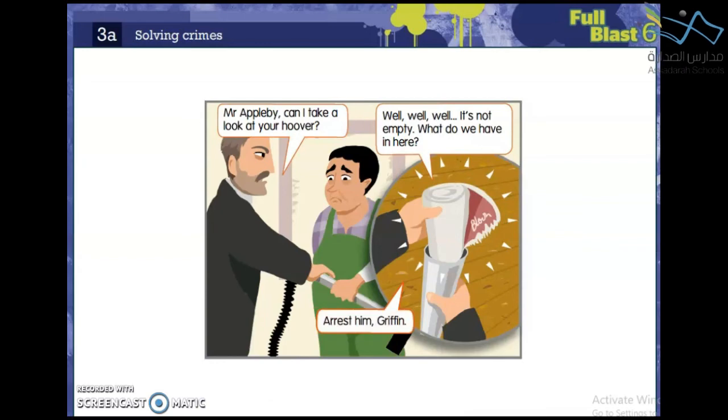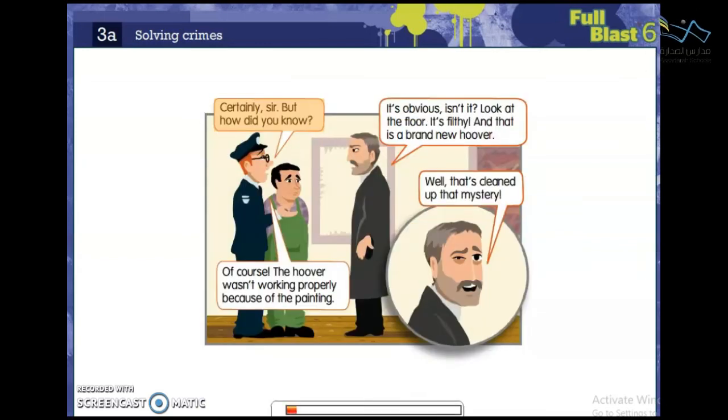Arrest him, Griffin. Certainly, sir. But how did you know? It's obvious, isn't it? Look at the floor. It's filthy. And that is a brand new Hoover. Of course. The Hoover wasn't working properly because of the painting. Well, that's cleaned up that mystery.